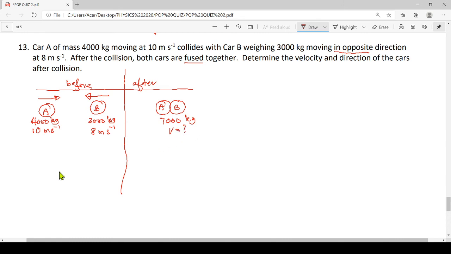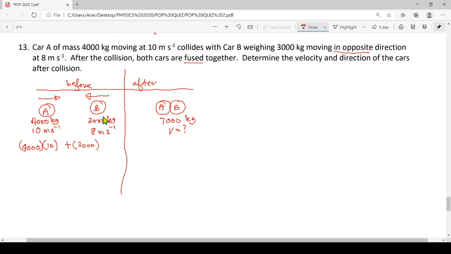Alright, so next, calculate the momentum. Momentum is mass times velocity. Car A is going to the right, so that will be the mass 4,000 times the velocity, that is 10, plus the momentum of car B. Car B, the mass is 3,000.